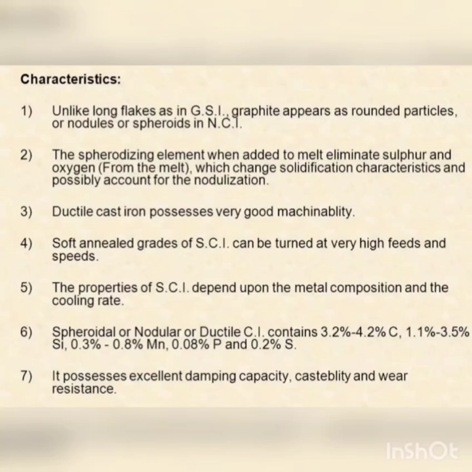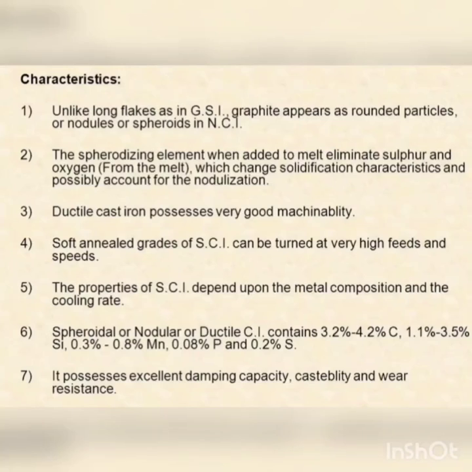Next we are discussing the chemical composition of ductile cast iron. We can see that the carbon content is 3.2 to 4.1 percent, silicon content is 1.1 to 3.5 percent, magnesium 0.3 to 0.8 percent, phosphorus 0.08 percent, and sulfur 0.2 percent. It also contains nickel as an alloying element.